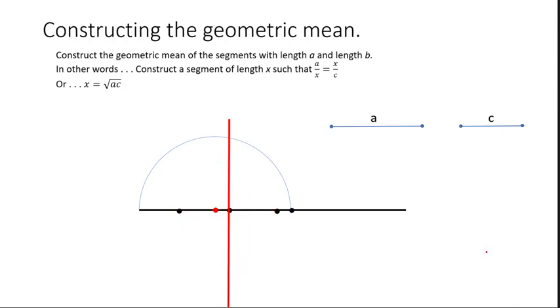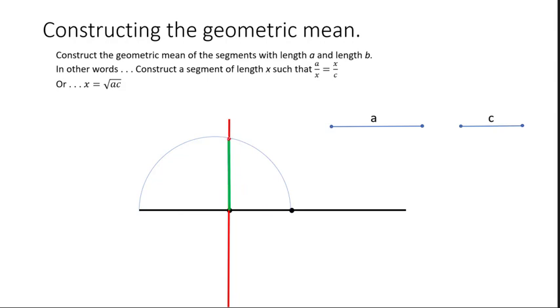So we can erase the arcs and those points, and now what we want is this point right here where that semicircle and that perpendicular bisector intersect. Now that we have that point, that point indicates the segment length.